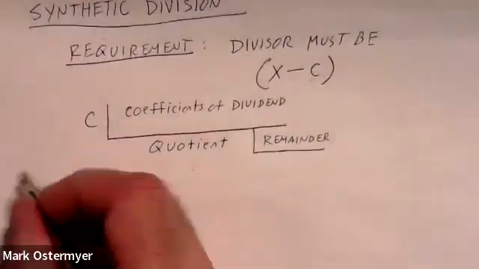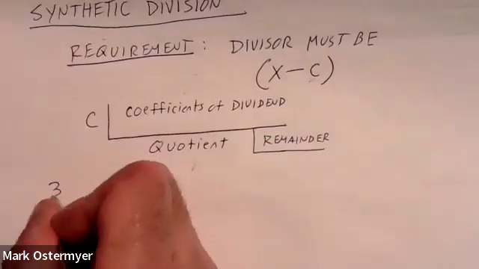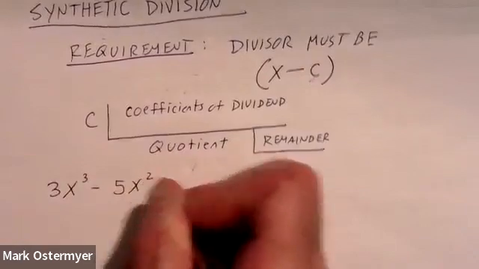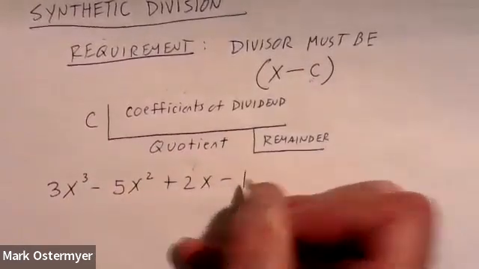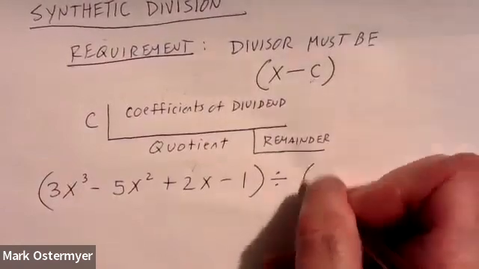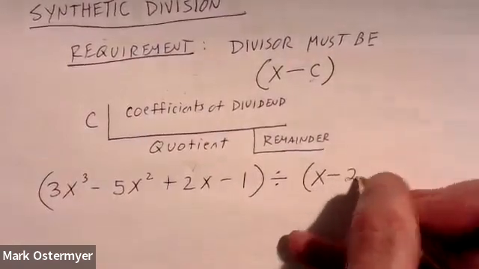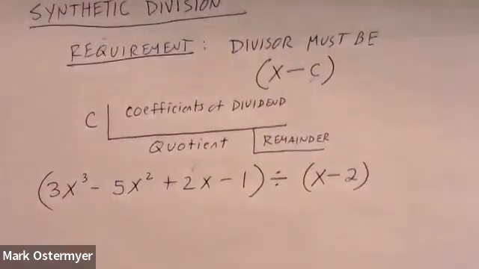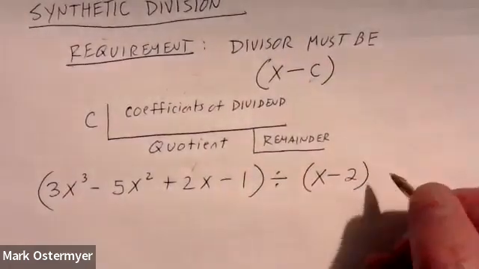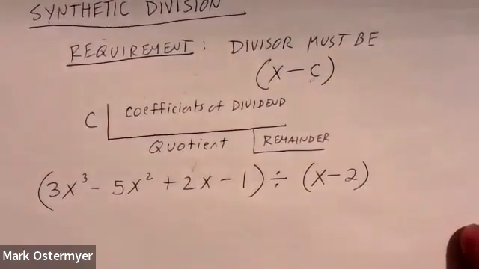So here we go. What I'm going to do is I'm going to try to take 3x cubed minus 5x squared plus 2x minus 1. And I'm going to take this big old polynomial here and try to divide it by this binomial divisor of x minus 2. We're going to rework this problem, but we're going to do this synthetically or using synthetic division.